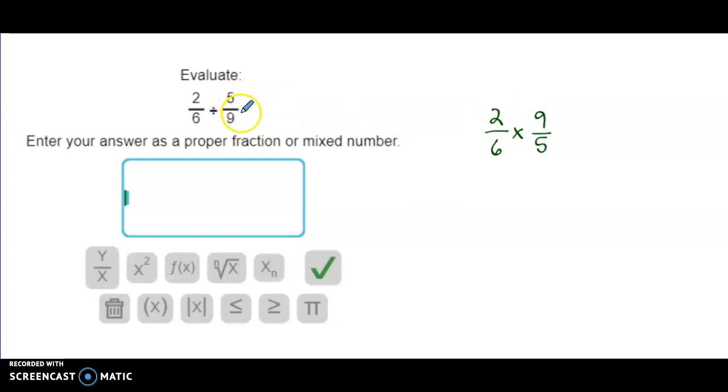Reciprocals are fractions inverted or flipped. These are both divisible by 3. And these are both divisible by 2. Equals 1 times 3 and 1 times 5, and 3/5 is your answer. And they're both positive, so I have a positive product.